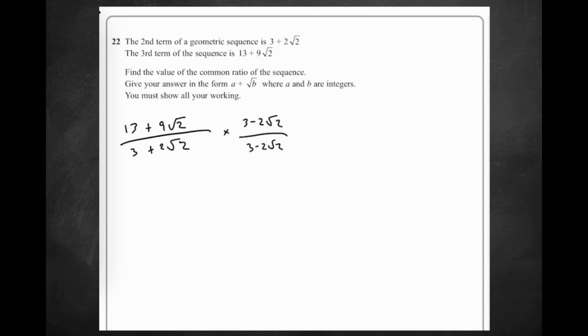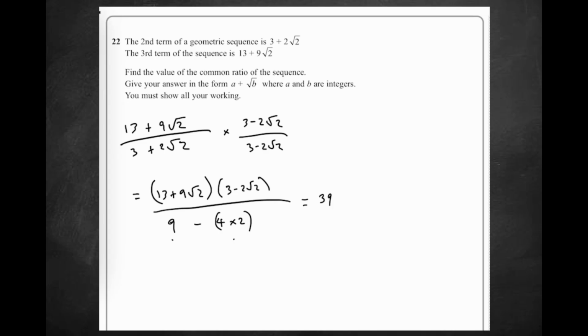We're going to get 13 plus 9 root 2 times 3 minus 2 root 2, and the bottom will be 3 times 3 is 9, and 2 root 2 times 3 and minus 2 root 2 times 3 will cancel. Then we'll have minus 4 times root 2 squared, which is just 2. 9 minus 8 is going to be 1, so we can get rid of the denominator altogether now.